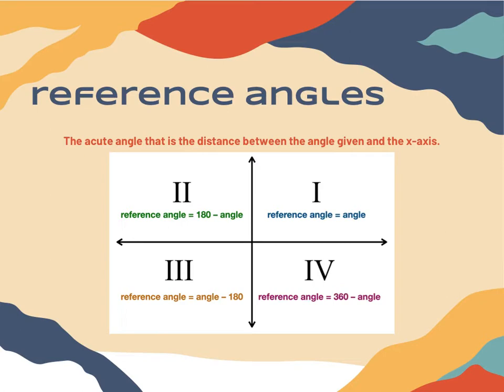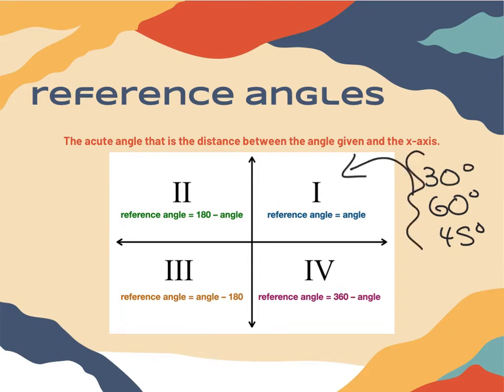So whenever you find your reference angle, and when we get to do the last few slides, we're going to have to do calculations for a 30, a 60, and a 45. So just remember that these reference angles are all angles that exist in quadrant 1. Remember to find the angle for quadrant 2, we take the 180 and you minus the reference angle.